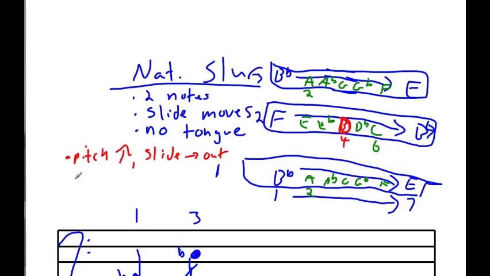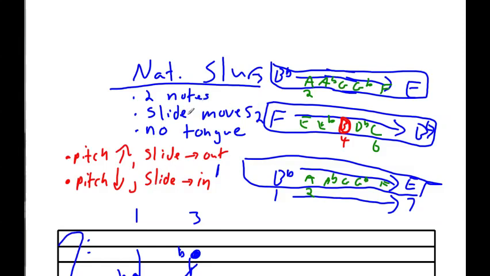And the second rule of thumb is if the pitch is going down, descending, and the slide is moving in towards the body, then it's also a natural slur.